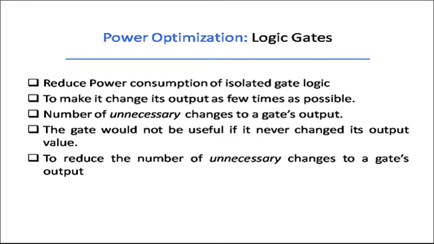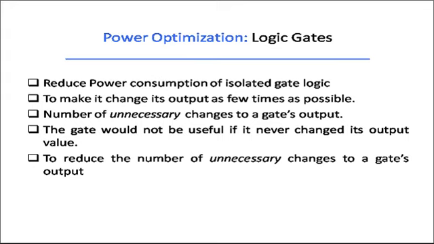Power optimization is done to reduce power consumption and to make the gate change its output as few times as possible, so the number of unnecessary changes to the gate output should be reduced to have better power optimization.